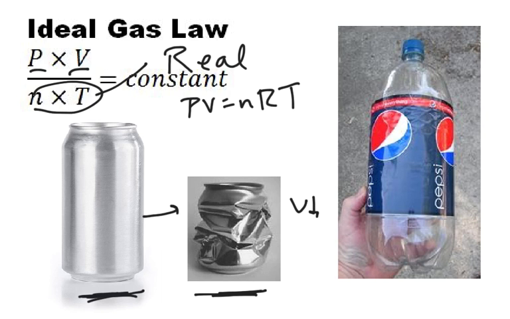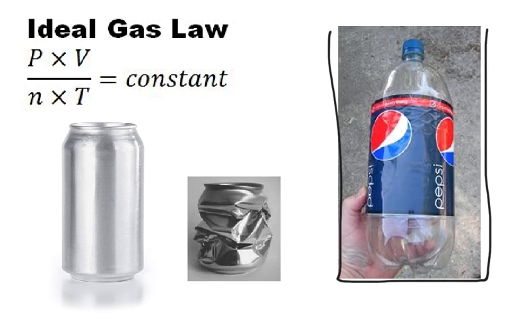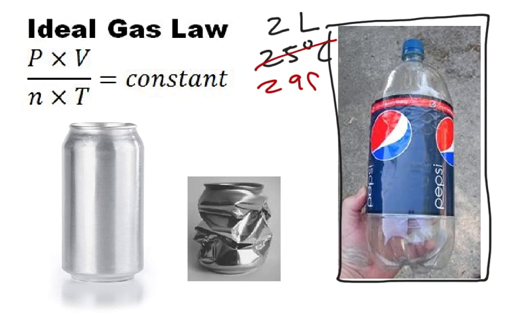But for the ideal gas law, let me clear this up a little bit. What we have is one situation. So let's say now we had a 2-liter bottle, so we know that that's our volume. And let's say it's nice outside, it's 25 degrees Celsius, which we immediately change to 298 Kelvin. Let's say that we know that the air pressure today is 0.95 atmospheres.